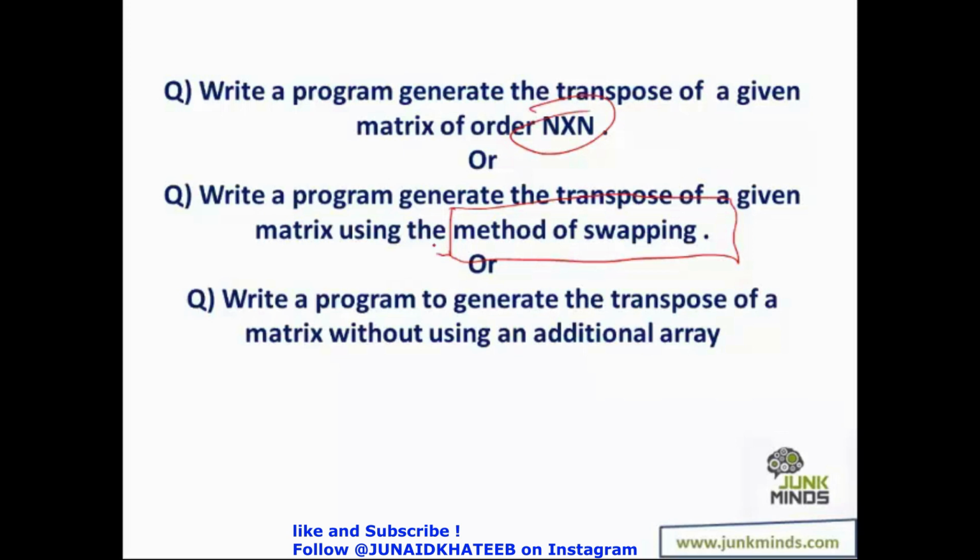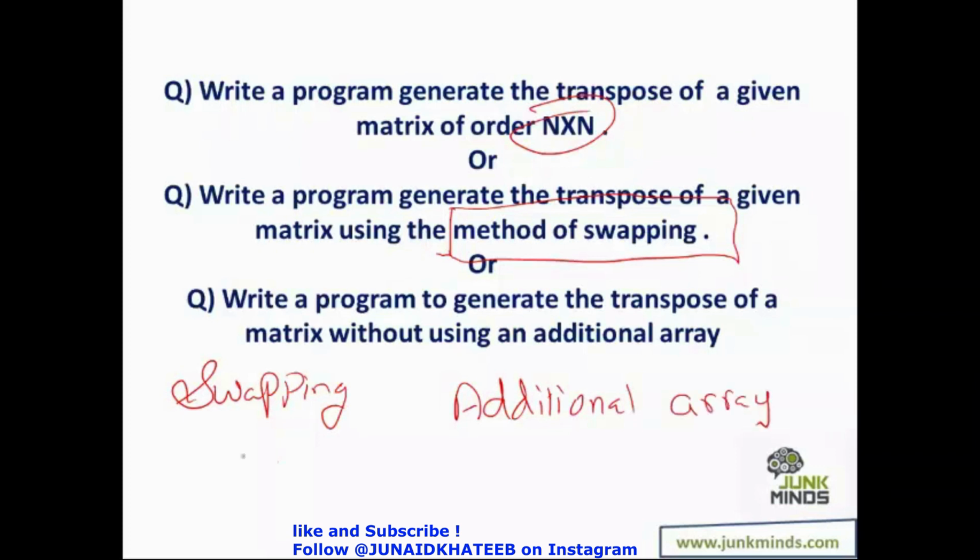See, there are only 2 possible methods of generating a transpose. One is the method of swapping, and the other is the one which I'm going to use, which is additional array. I'm going to create an extra array. Swapping method works only for a square matrix, whereas additional array method will work for any matrix in general. Look at the third question.